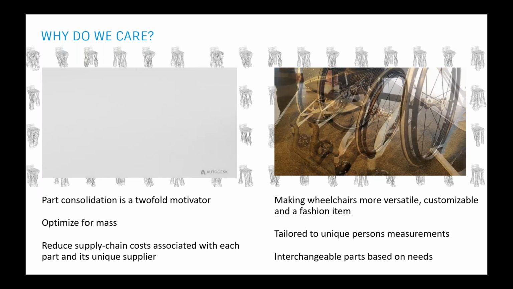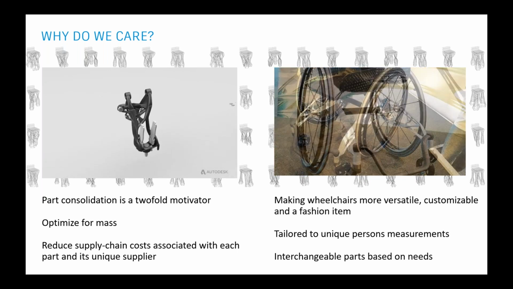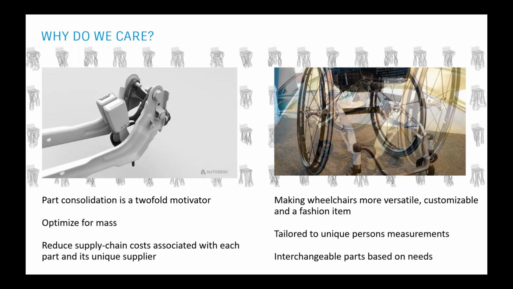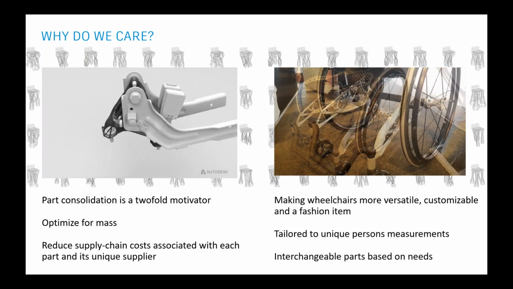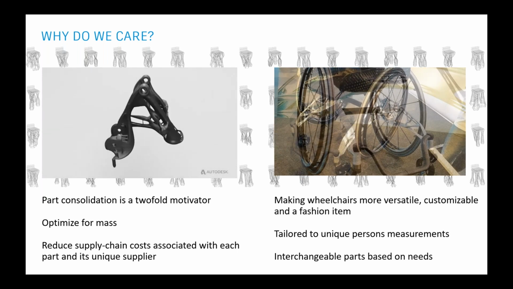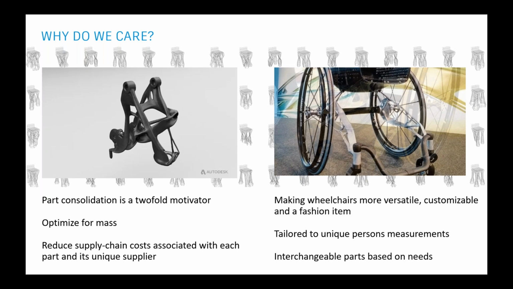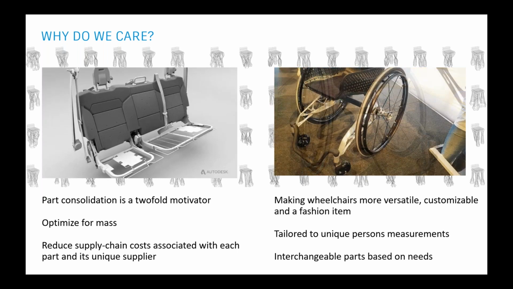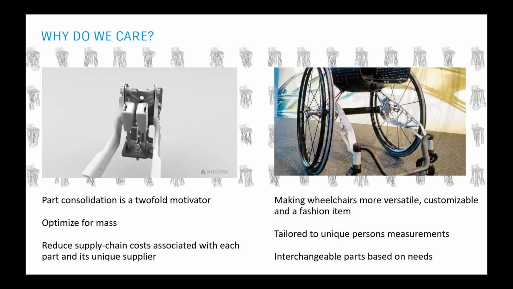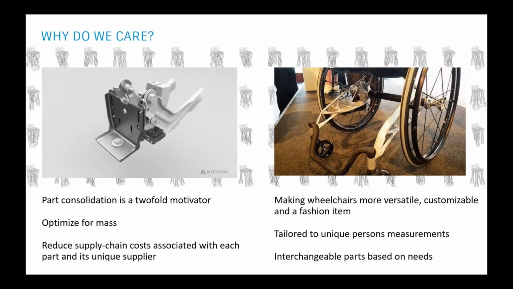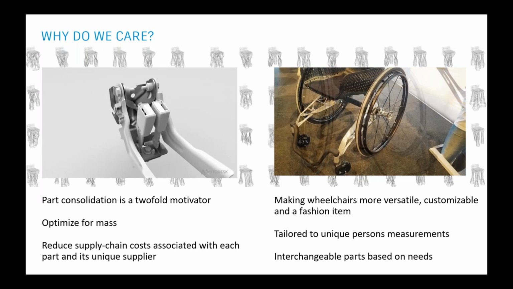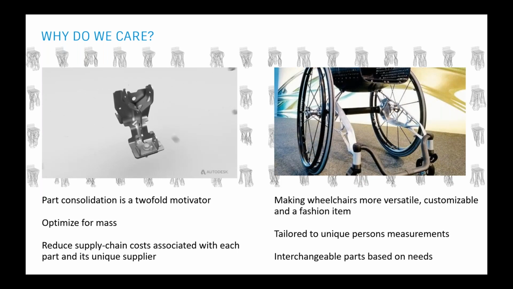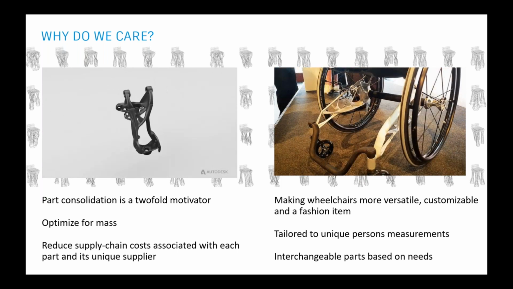And then also, when we take an assembly and consolidate it into a single component, we get to reduce the supply chain costs associated with having each one of those parts, also tracking where they are, having a place to keep all those different components, and so on. So I think I've talked enough about that one.